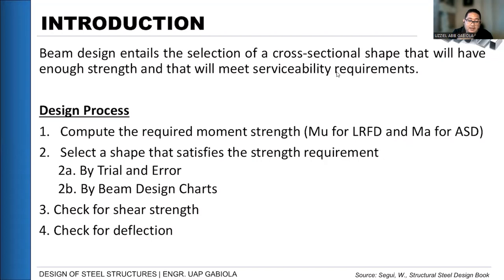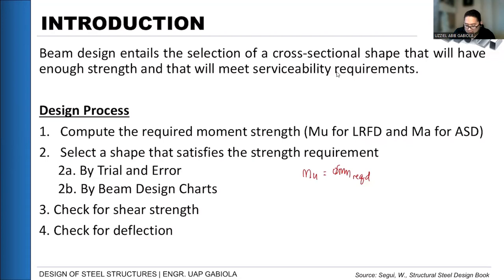Then after identifying yung ultimate moment natin and yung Ma natin, kailangan kunin natin yung required na nominal moment natin. And yung required natin, yung Mu natin, should be equal dun sa phi Mn natin. Okay? So, later na tong sa ASD. So, ito yung required natin, no? Ibig sabihin, ito yung capacity ng section natin.